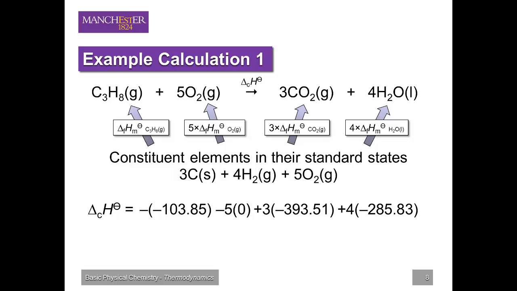And if we total all of this up and are careful with our minus signs, we should get that the enthalpy of combustion of propane is minus 2,220 kilojoules per mole.